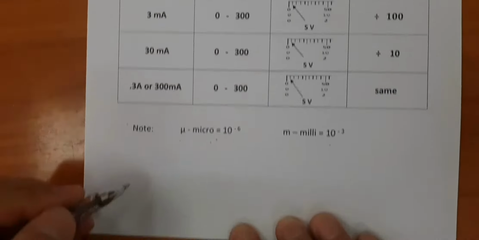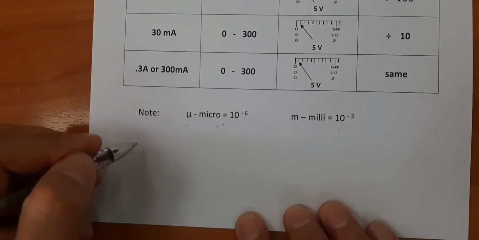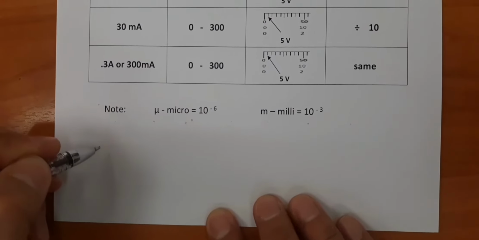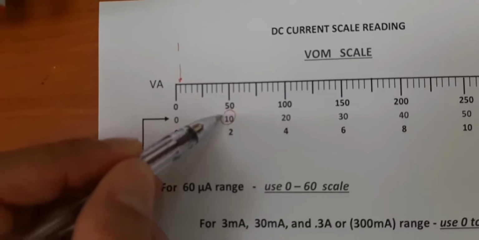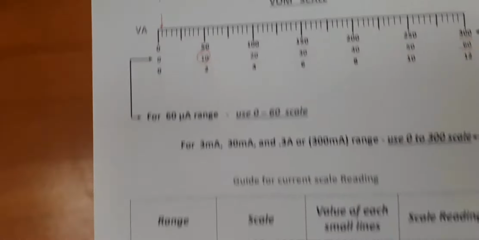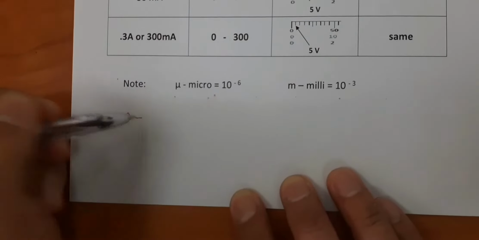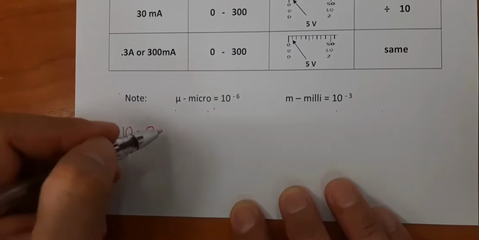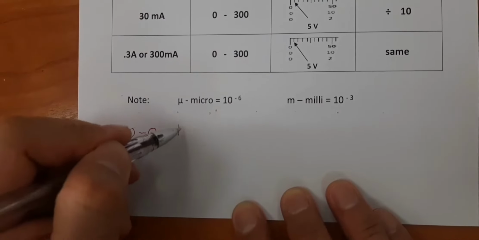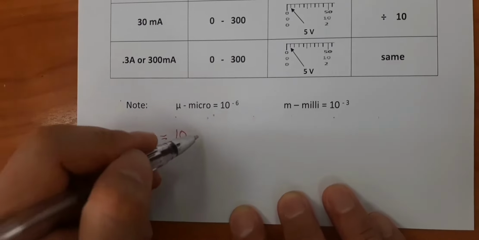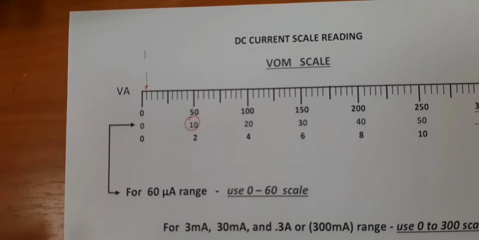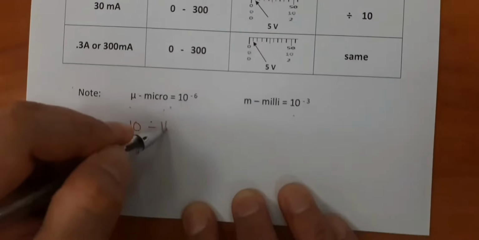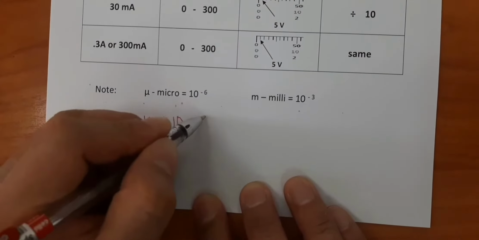Let us say we have the highest main division, which is 10 here, minus 0, is equal to 10 divided by the number of lines in between 0 and 10. So there are 10 lines. So 10 divided by 10 is equal to 1.